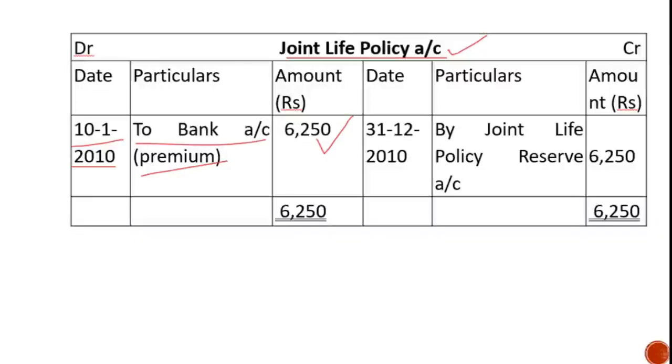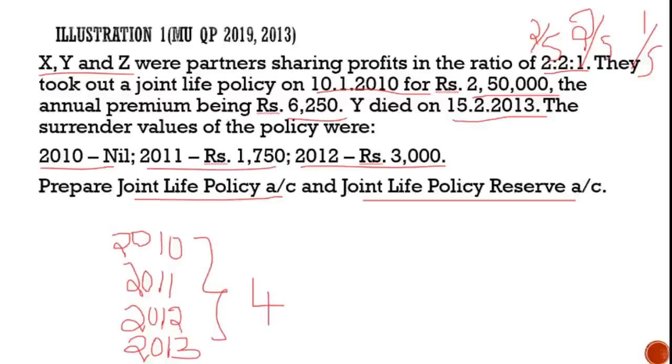Here the end of the year is not specified in the problem. So they have not specified what the end of the year is. Looking at the information given here, we'll assume that the end of the year is 31st December each year, because year 2010 is given, 2011 is given, 2012 is given.